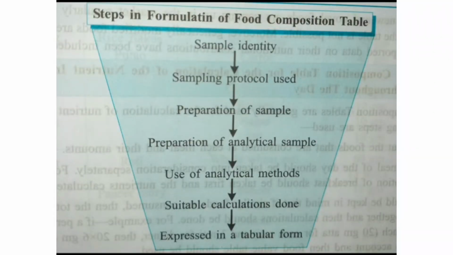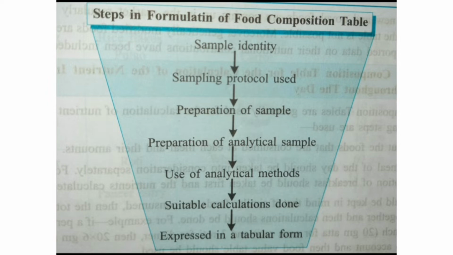This is the picture of the steps in the formulation of a food composition table. The first composition table was published by Koning in Germany in 1878.